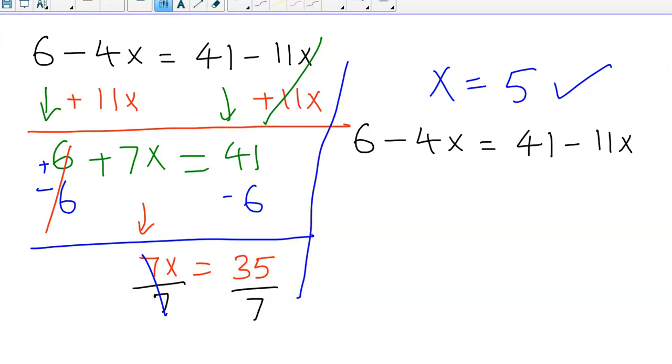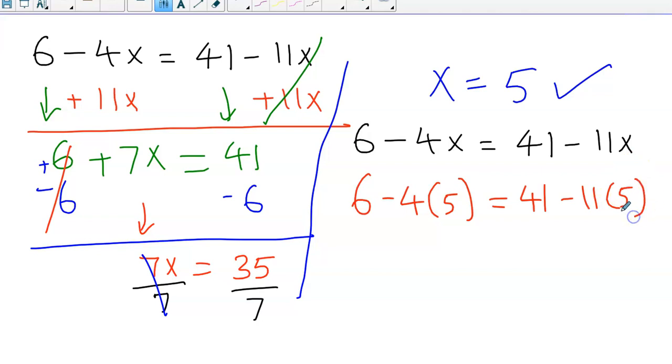I'll substitute x is equal to how much? 5. Right, this 5 I'll write. 6 minus 4 times 5 must be equal to 41 minus 11 times, again this x is equal to 5.